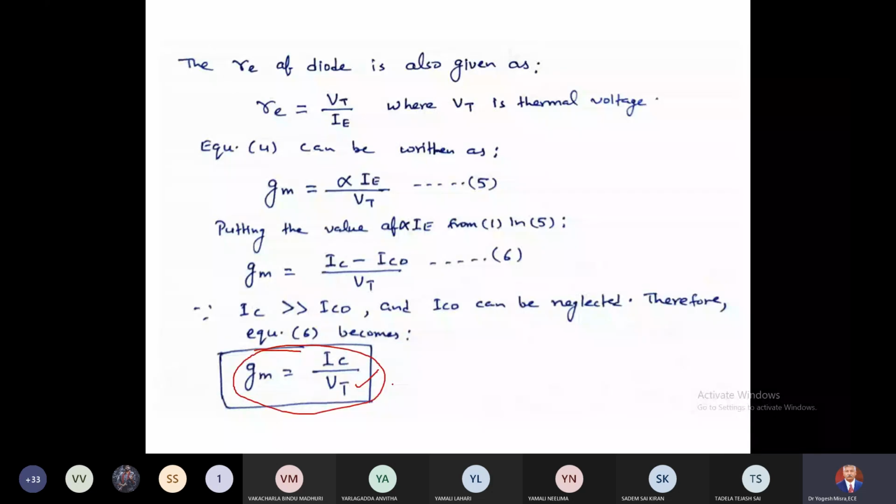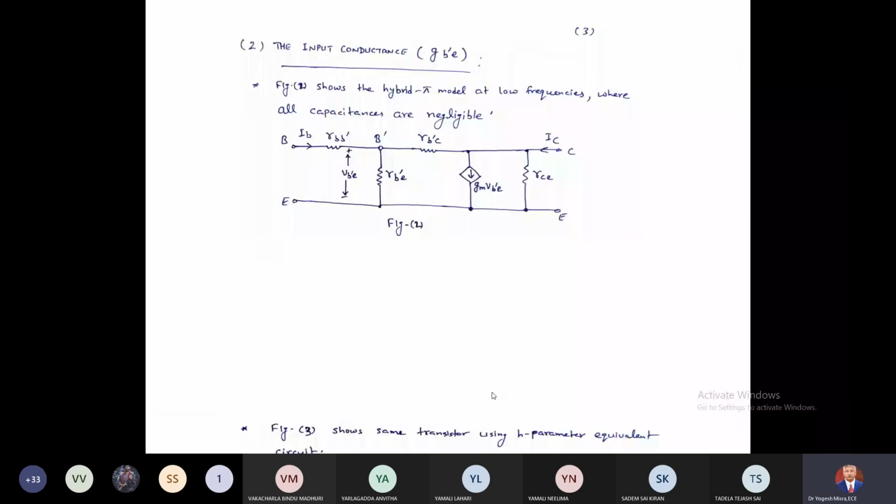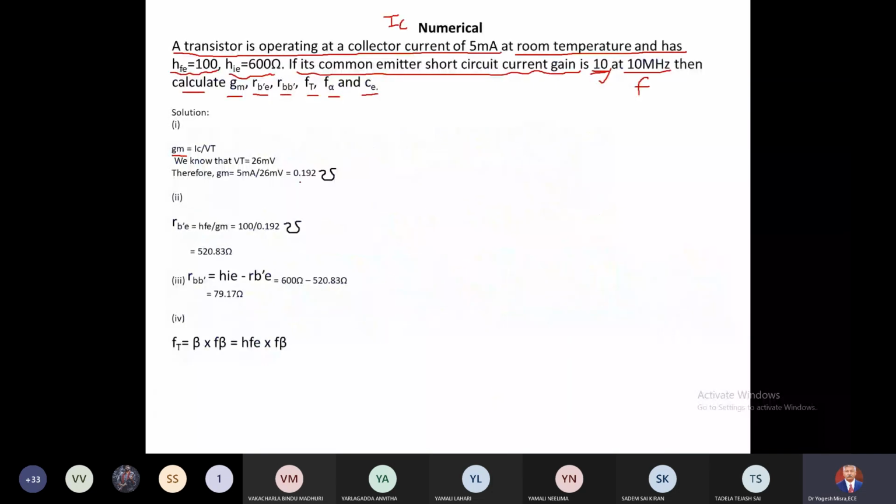Already I told you this. So simply put the formula here: IC is given, VT is 26 millivolt. Therefore GM will be 0.192 ohm inverse. This is conductance.